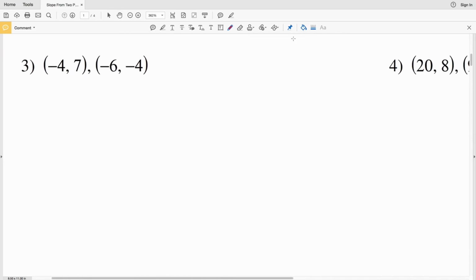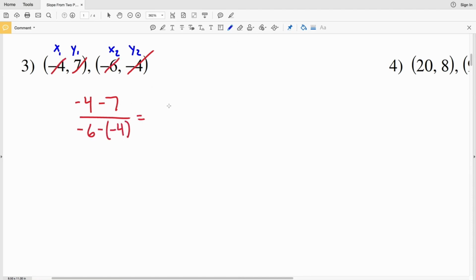And number 3, same thing. We're going to have x1, y1, x2, and y2. Our y2 is negative 4, so we're going to have negative 4 minus 7 all over x2, negative 6, minus x1, negative 4.